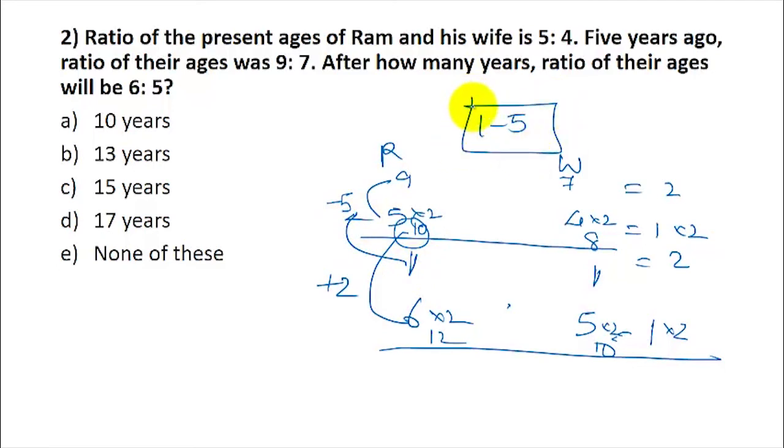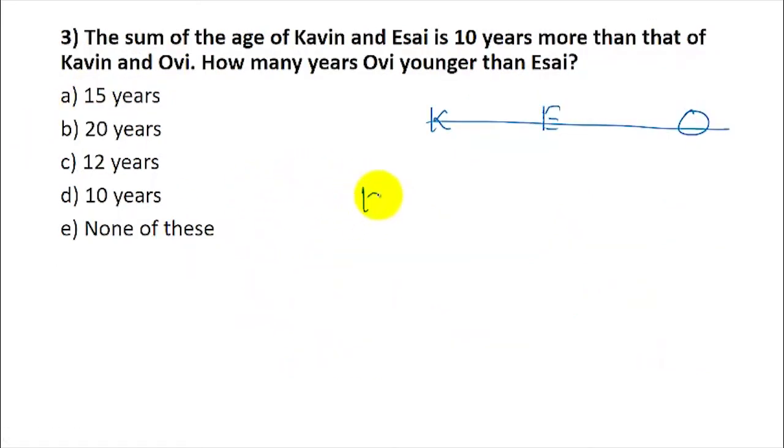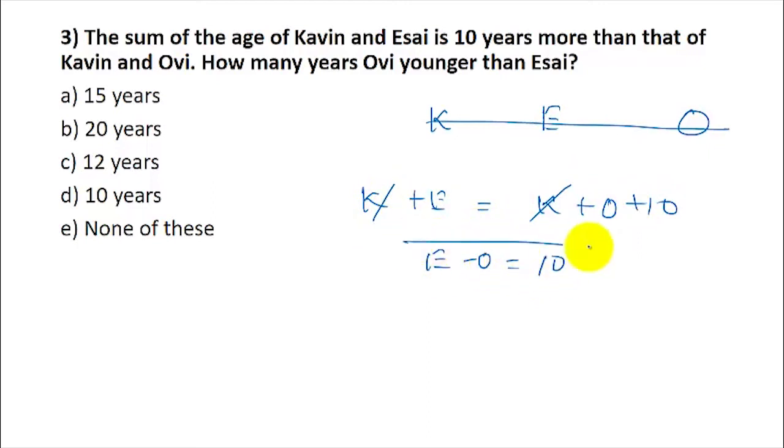So the difference here is 2, so into 2 would be 10. So this is 10 years more than the other. The difference is 10. So how many years ago was one younger than the other? The difference is 10. So your answer would be D.